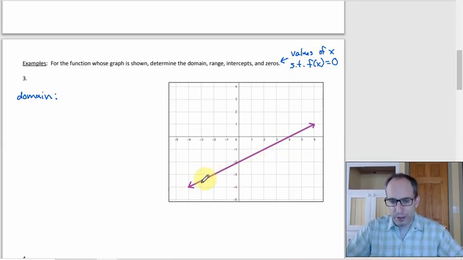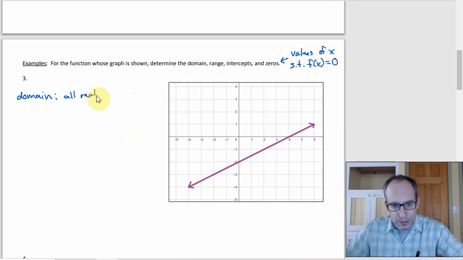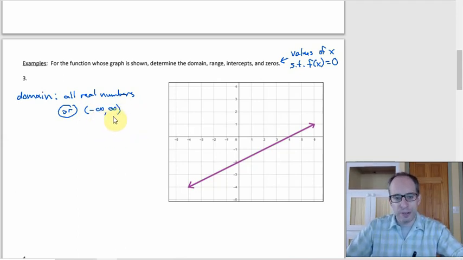So because of those arrows, everything's going to be covered. So the domain would then be all real numbers. Or if you wanted to write that as an interval, it would be the interval from negative infinity to positive infinity. Right? Because everything's covered in there.